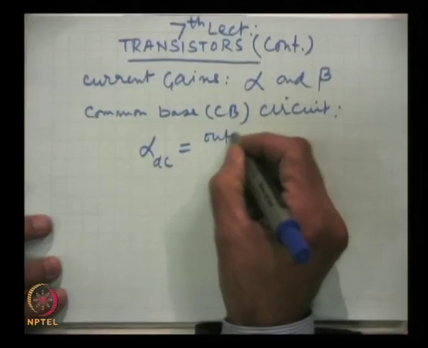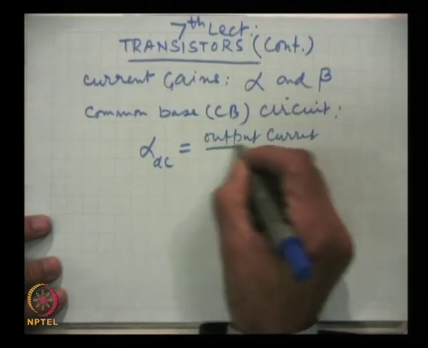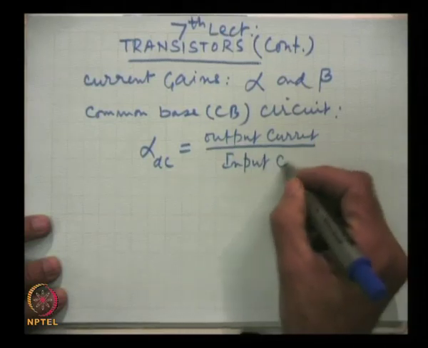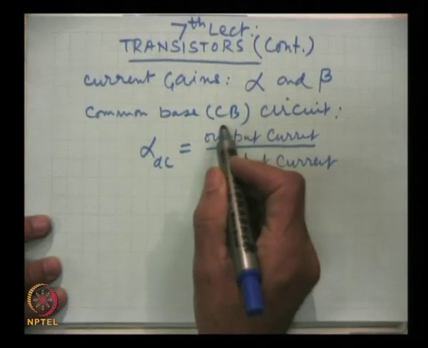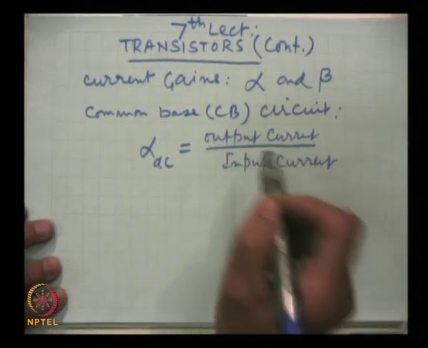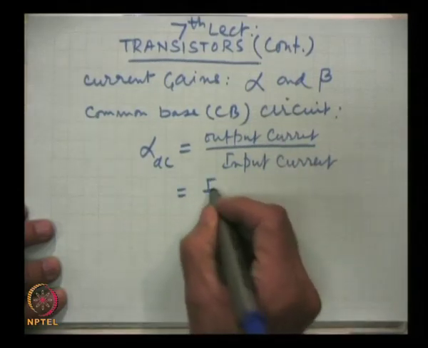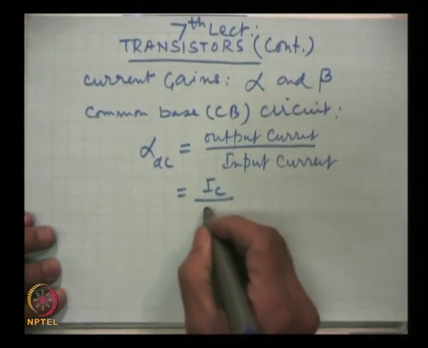When we talk of current gain, then it is output current to input current, and in the CB circuit, common base circuit, you will recall that the output current is collector current and input current is the emitter current.